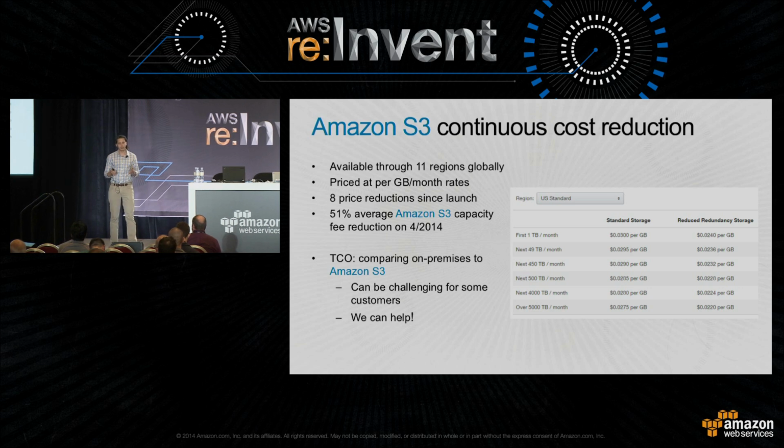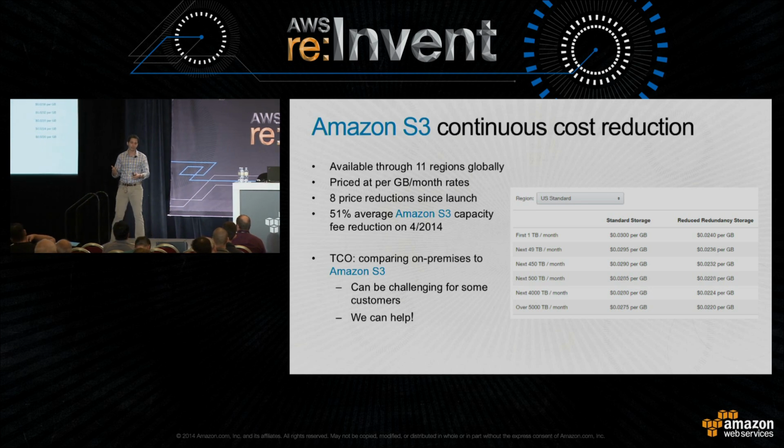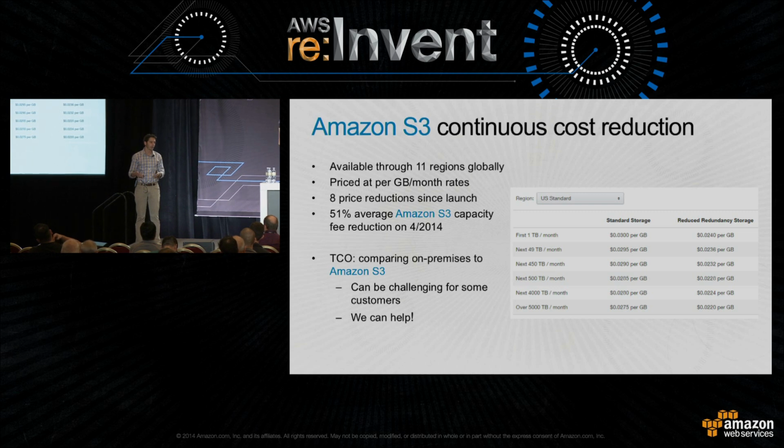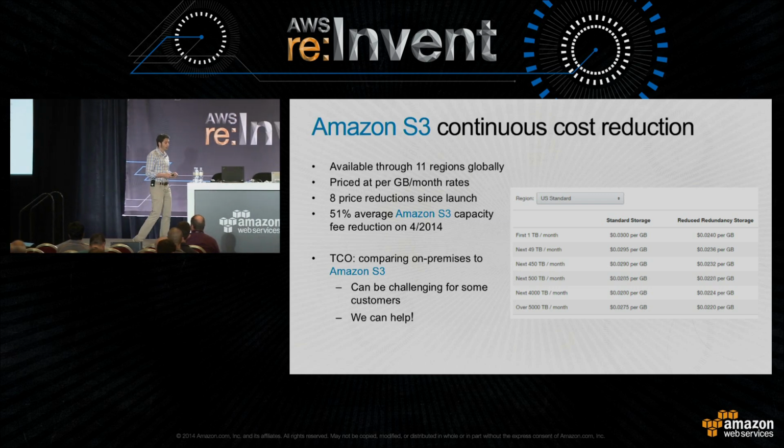We know it's pretty complicated, and I've been involved in quite a few of these modeling exercises. They tend to get pretty involved, so I like to offer some help. We have an expert team of TCO analysts that can help you out. If you need assistance, please send me an email or just contact your AWS account manager. We'll be glad to help you with this exercise.